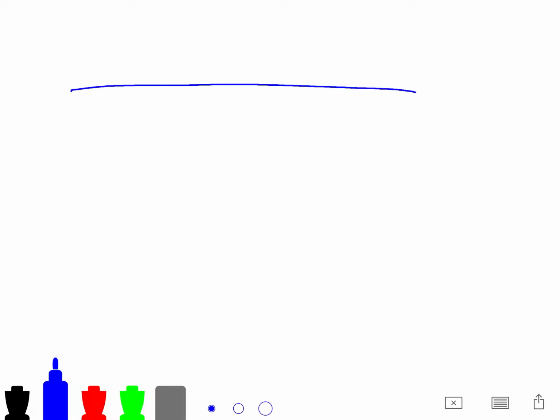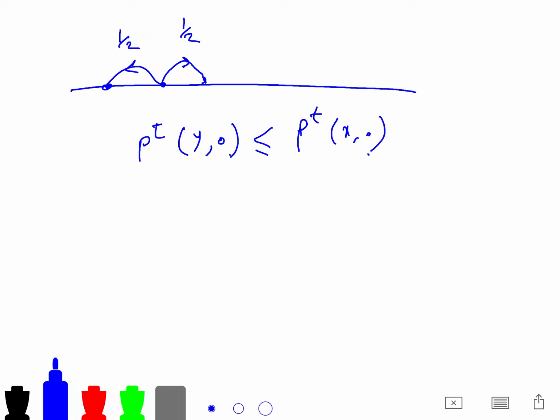For example, a simple random walk, as you know, you go from one state to the other. For example, you go upward with probability half, you go down with probability half, and you do nothing to move outside an interval. So what we can claim is that the distribution after t steps, starting from y, is less than the probability of x and 0.